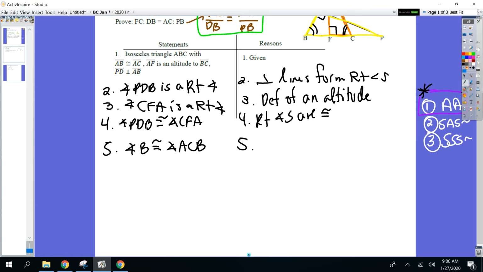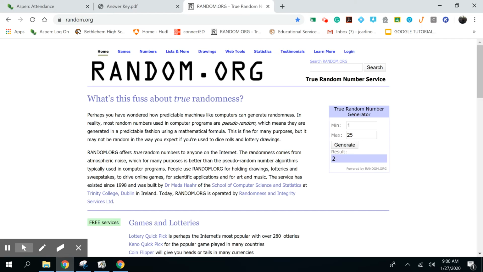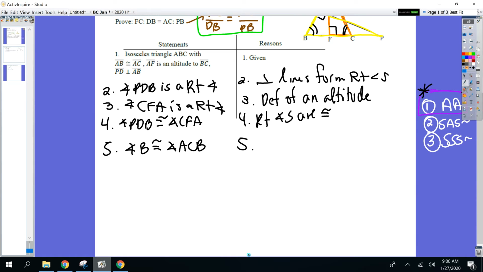True, but why? Justify. That's fine. Yep, you can say it because it did give you as isosceles.